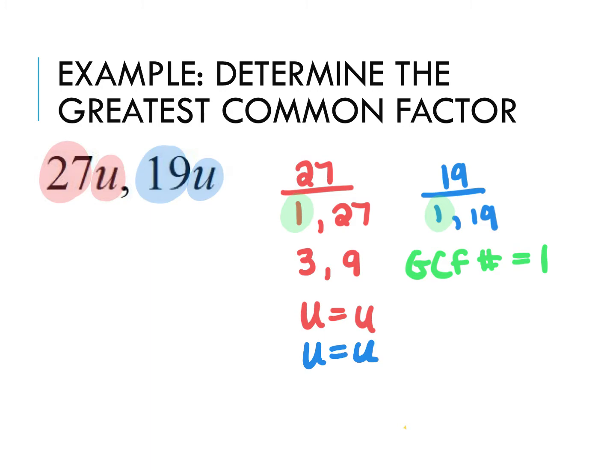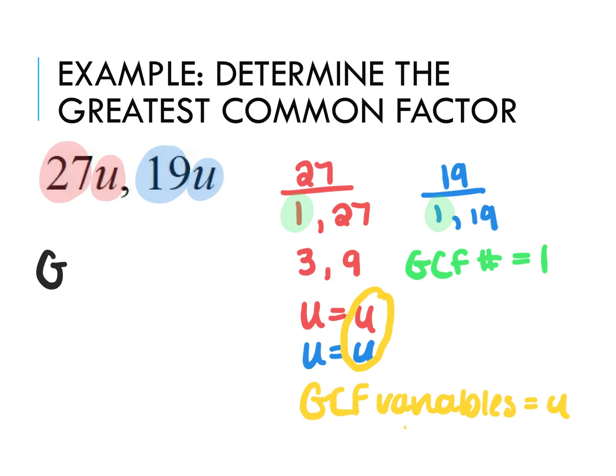Since both of these terms have just one u, the GCF of the variables is u. So I can rewrite my GCF using the greatest common factor of the numbers, which is 1, times the greatest common factor of the variables, which is u. So I have 1u, which is really just u.